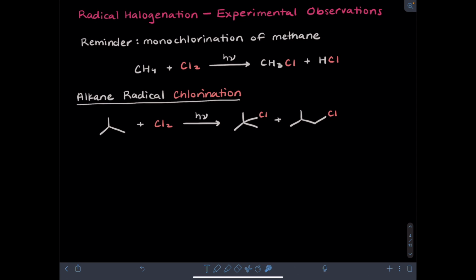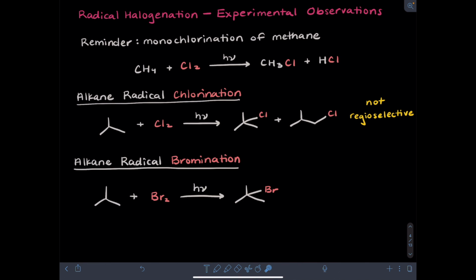I'm not drawing it out here, but in this reaction as well, HCl is a byproduct. So because multiple products are formed here, I would say that radical chlorination is not regioselective, meaning you don't selectively add the chlorine to a particular position based on its substitution.